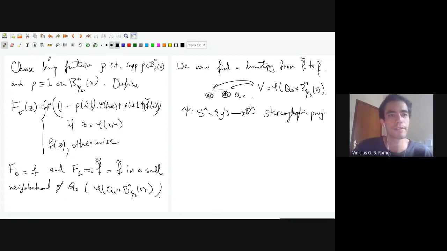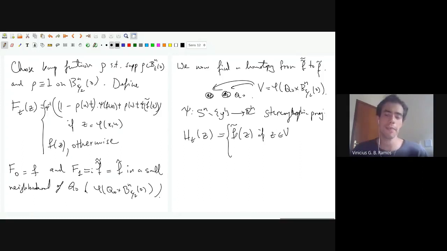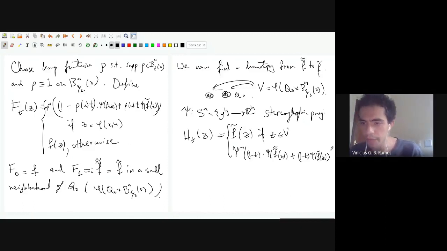H is going to be equal to f tilde of z if z is in V. So f tilde is the same as f double tilde in this neighborhood. And then outside, what I basically do is the interpolation in Rn. So I do (1 minus t) times psi of f double tilde of z plus t times psi of f tilde of z. And then I have to apply the stereographic projection.